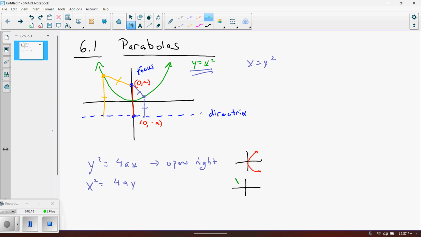So that would look like your standard parabola that opens up. And then, as you would probably think, if you want something that opens left, you're going to make the 4ax negative. And if you want something that opens down, you're going to make the 4ay negative. So it would be a negative of each, and then it would open left or down depending on which one you're using.